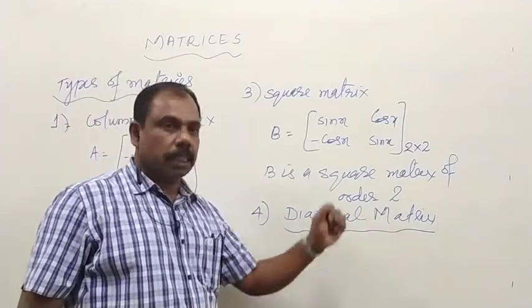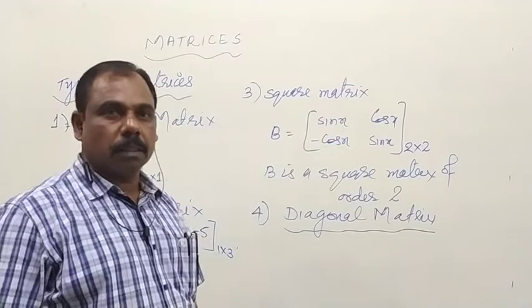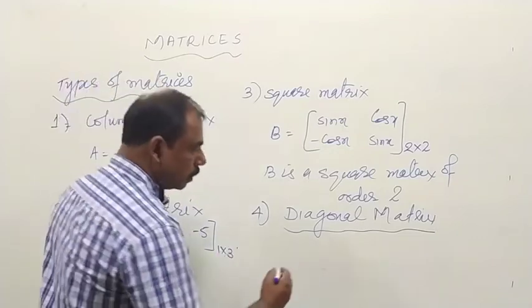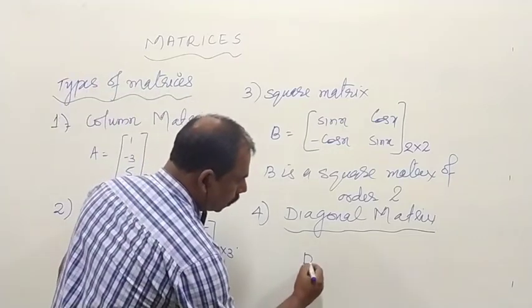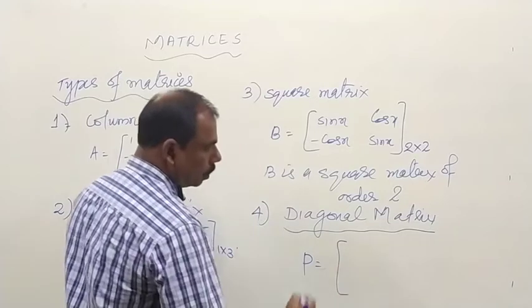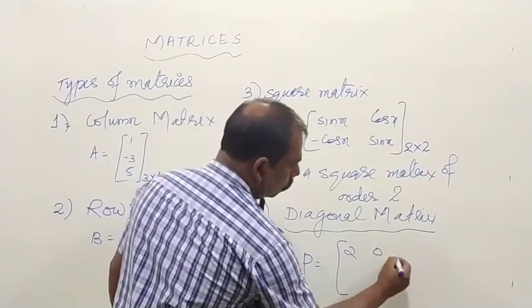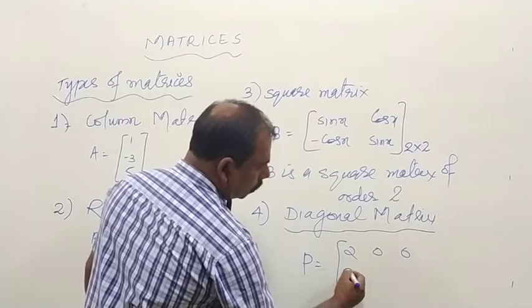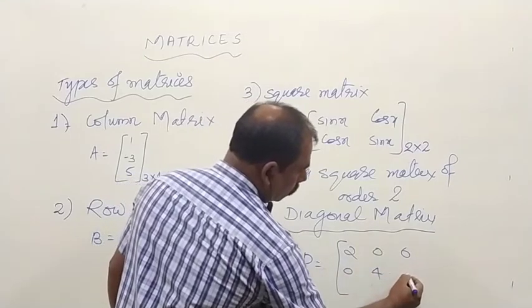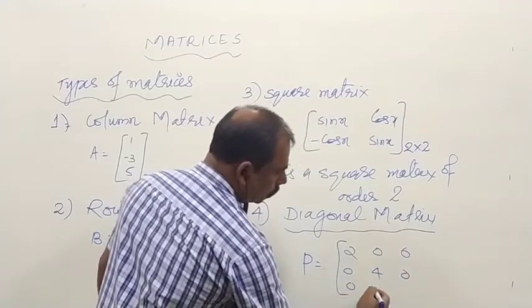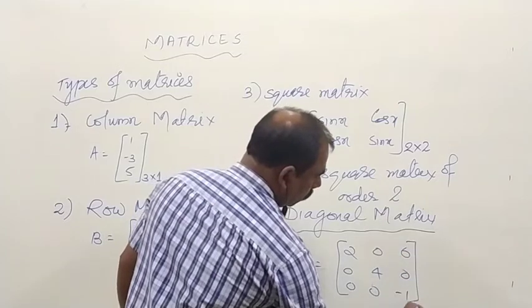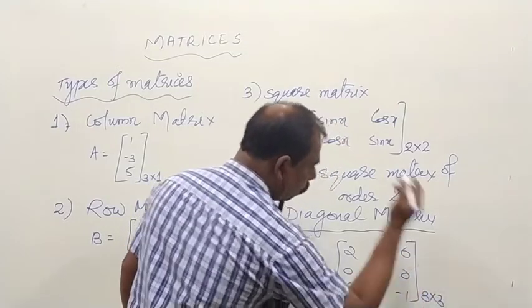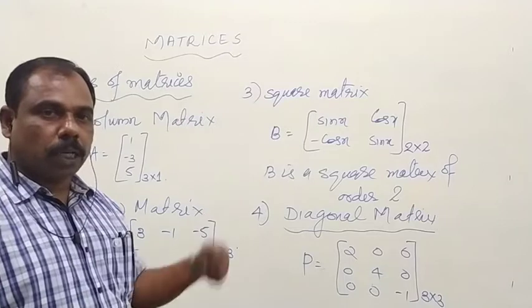This diagonal matrix is a square matrix. In the diagonal matrix, the importance is that, say for example, P is equal to 2, 0, 0, 0, 4, 0, 0, 0, minus 1. It's a square matrix as we told, with some more conditions.